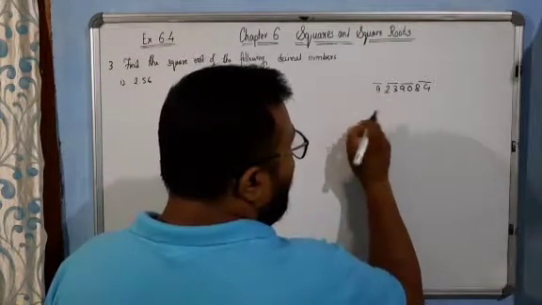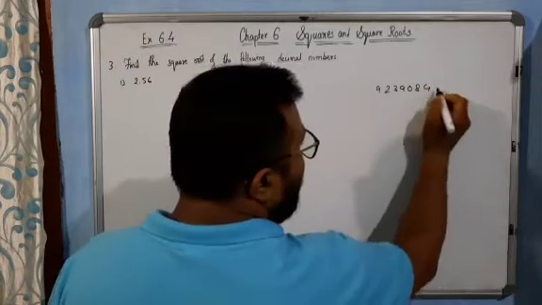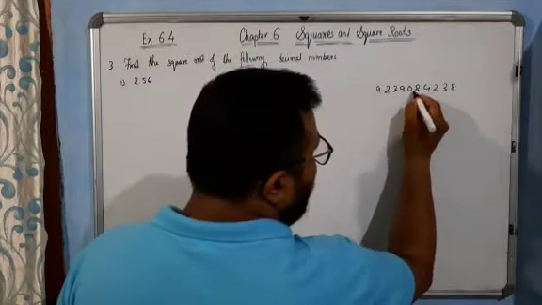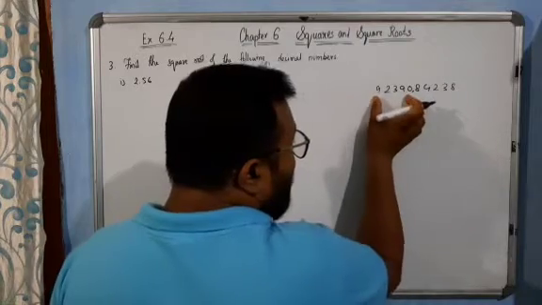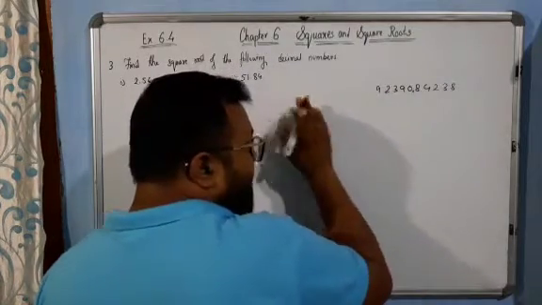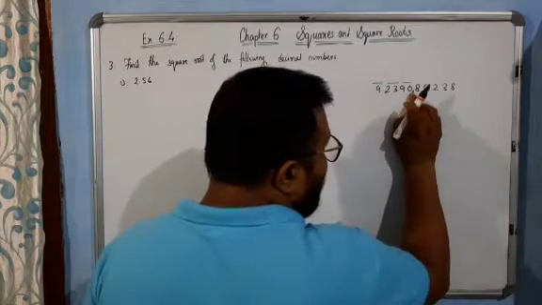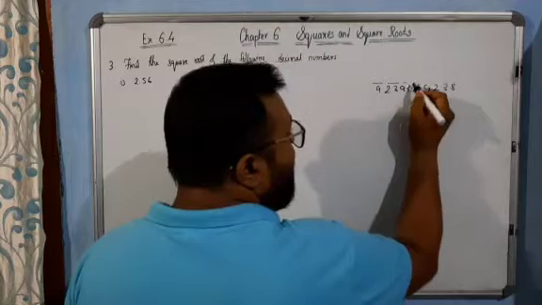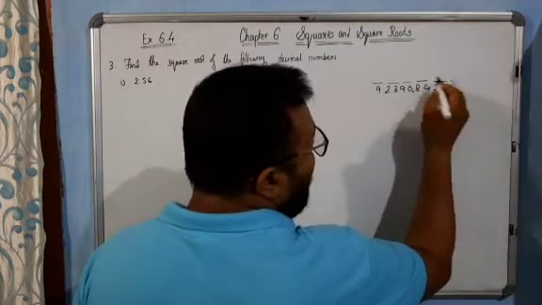But suppose 2, 3, 8 like this, if I use a decimal here, this part is on the left hand side of the decimal, so we will start pairing from right hand side like this, and this part is on the right hand side of the decimal, so we will start pairing from left hand direction towards the right direction, okay, in this way.